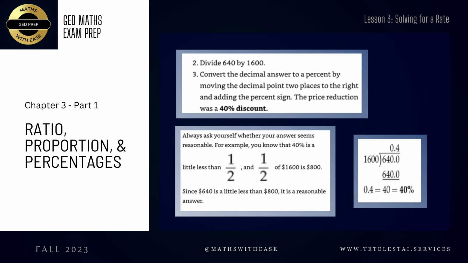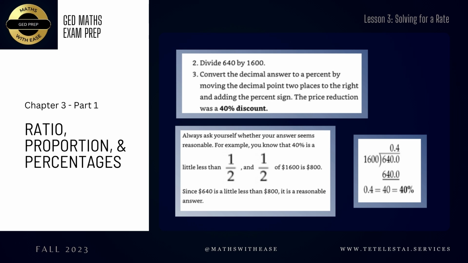And so you know that your answer is 0.4, which we can represent as a percentage when we move our decimal point 2 places over to the right. Okay, so 0.4 is the same as 40 over 100, which is the same as 40%, right?